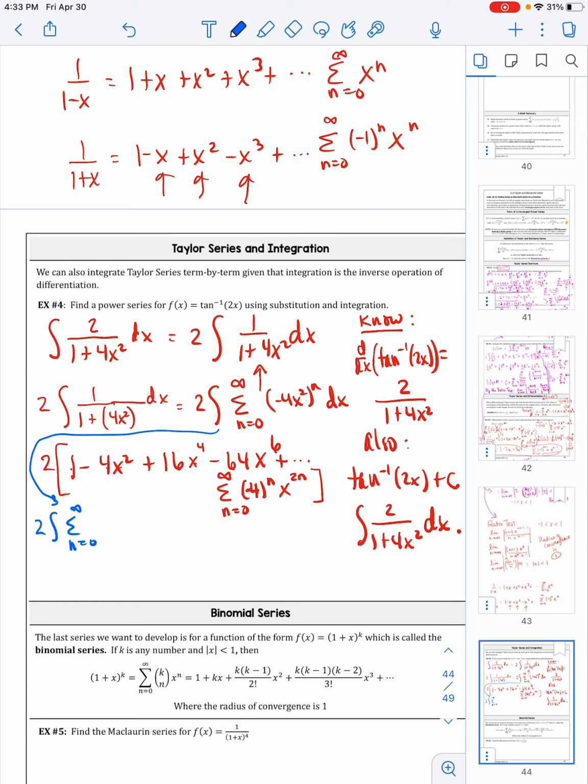Which should be equivalent to, I'm going to change colors because we are going to have to go down here, 2 times the integral of the summation n equals 0 to infinity, negative 4 to the n, x to the 2n dx.